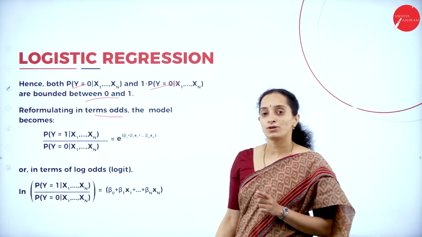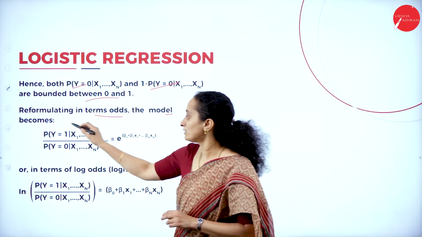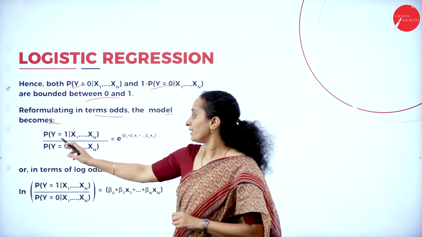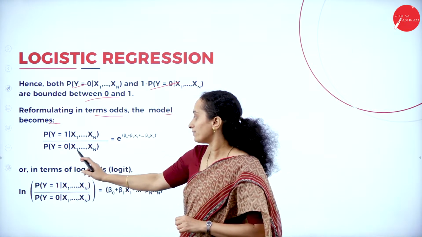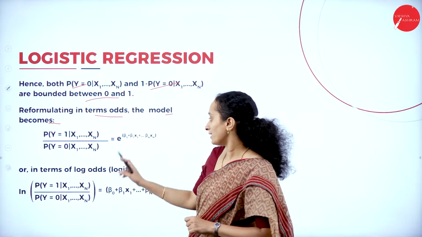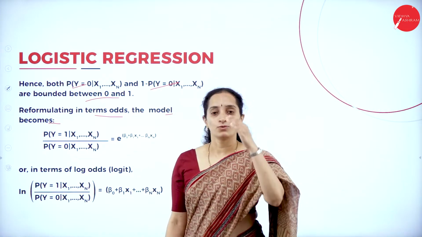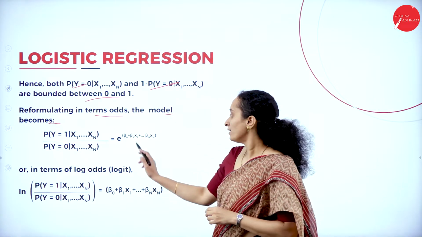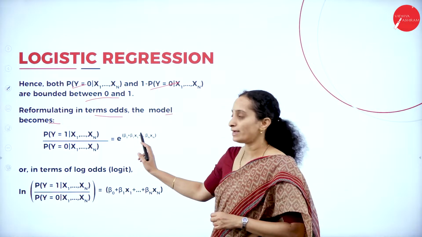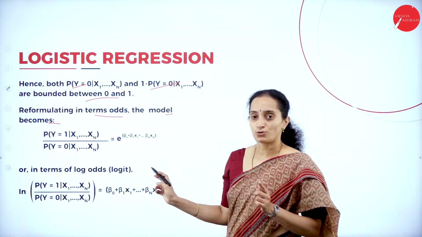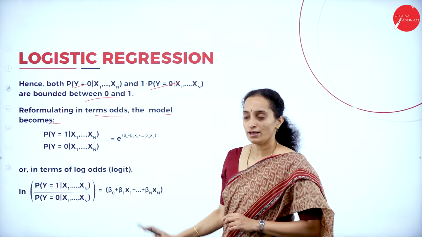Okay, reformulating in terms of odds, not the goods, in terms of odds, the model will become the ratio of P of y equals 1 given x1 to xn and y equals 0 given x1 to xn, that is equal to e to the power of beta 0 plus beta 1 into x1 plus beta 2 into x2 up to beta n into xn.